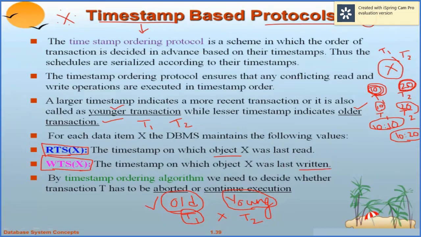So when did the last write operation happen? That will be mentioned in WTS. And when did the last read operation happen? That will be mentioned in RTS of X. And what is this X? X is nothing but the representation of a data element.